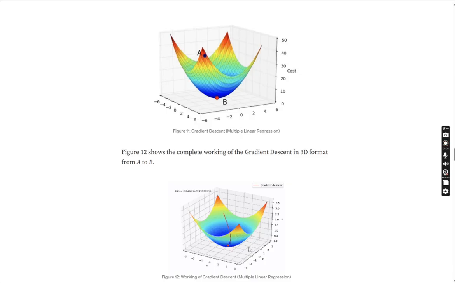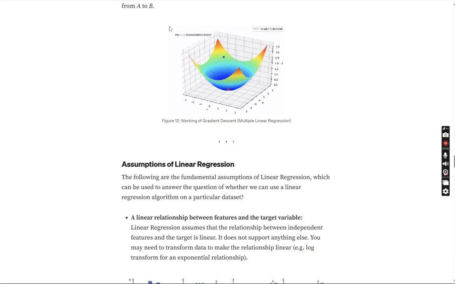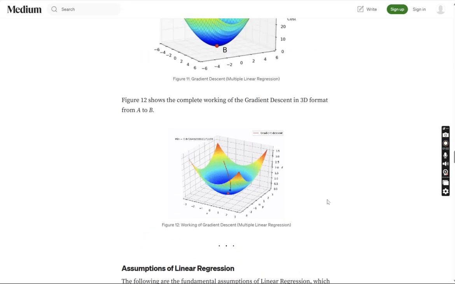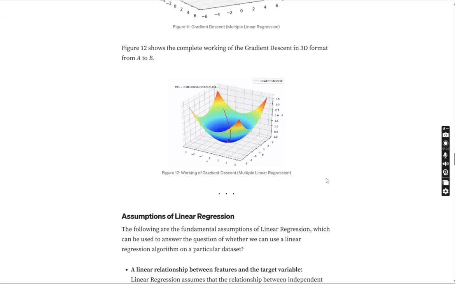So the loss keeps on decreasing. This is linear regression. Up until this point, if you have learned, then you have covered the major complex concepts of linear regression. So I want to stop here.